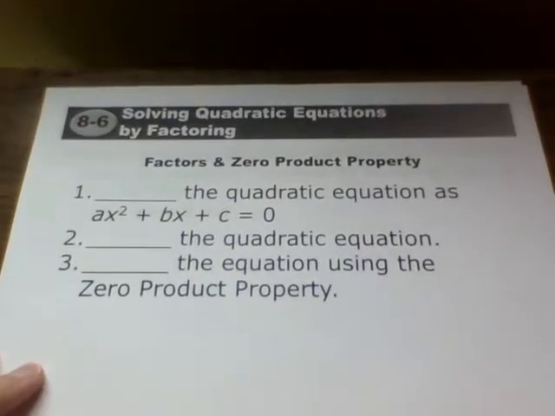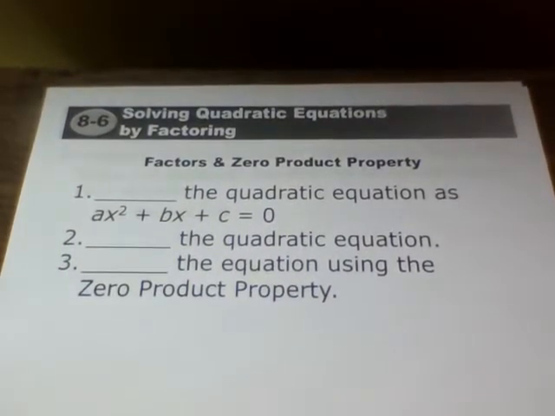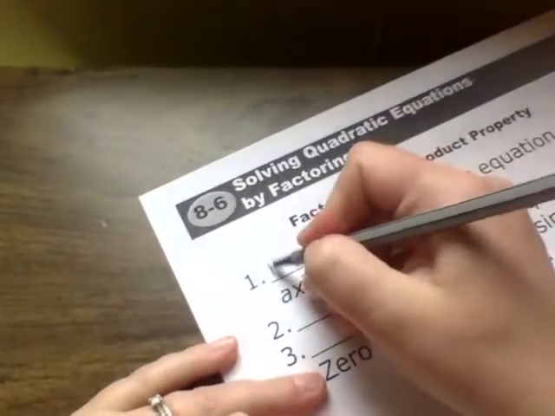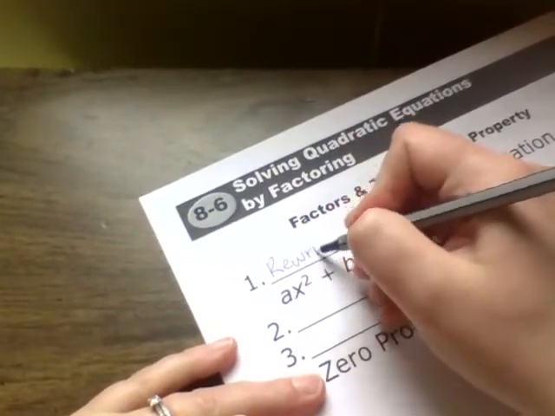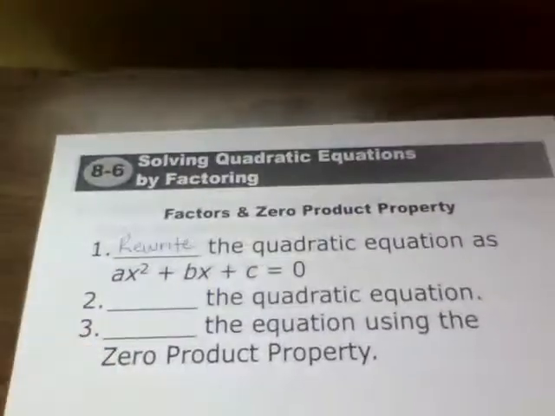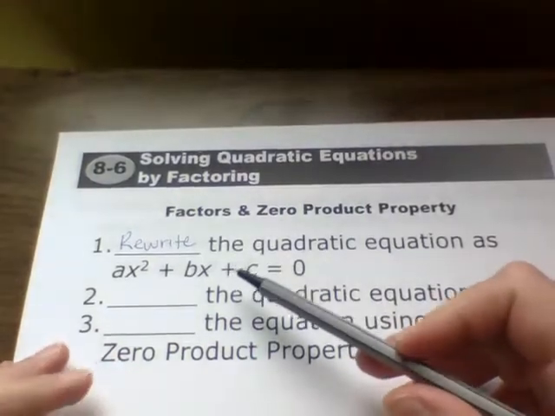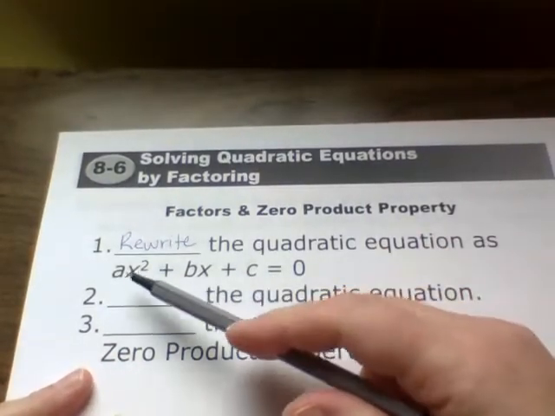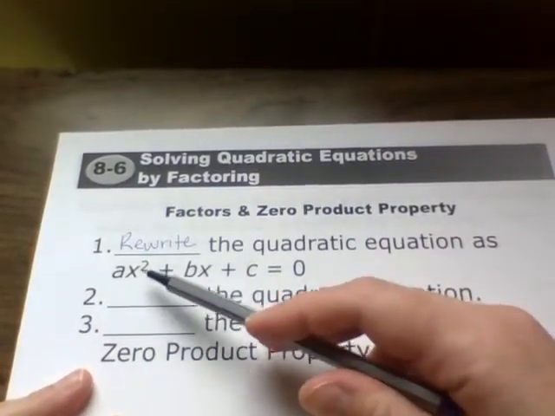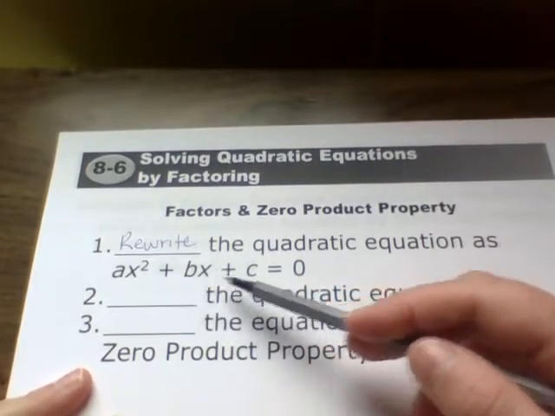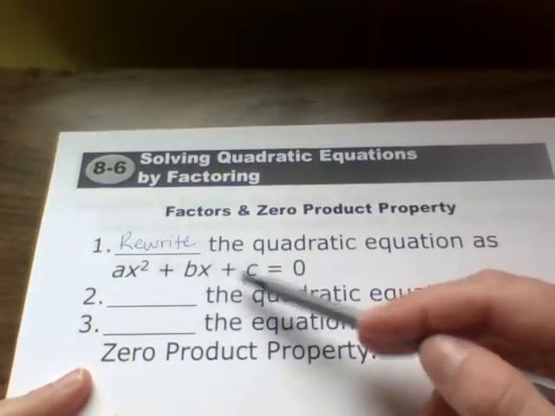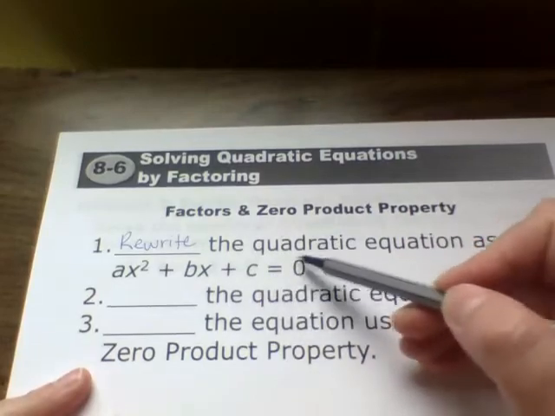Moving on, if we want to get these factors and use the zero product property, the first thing you are going to do in these problems is rewrite the equation so that it's in that format. We did this in the last lesson as well. It's the standard format of something times x squared plus something times x plus a number, and then always equals 0.